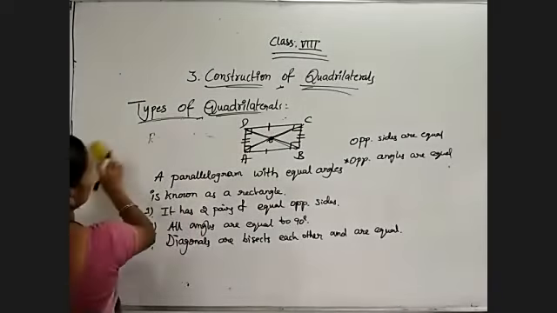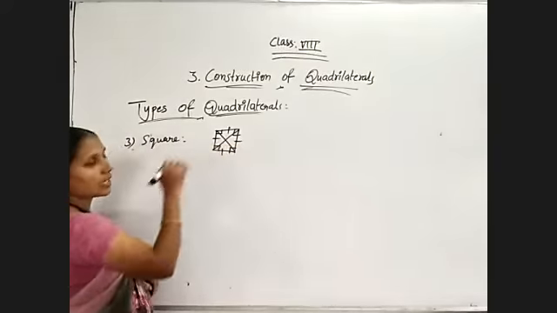And my third type of quadrilateral is a square. What is the difference between a rectangle and a square? Only one thing, sides. That's all. So for a square, all sides are equal, all angles are equal, and the two diagonals are also equal.